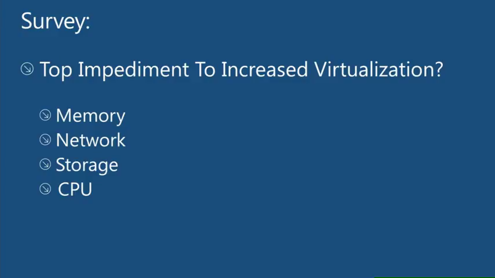Very simple question. We wanted to see what's blocking them, actually. Any idea what was least of their concern? Yeah. The surprising part was no one. None of the respondents said CPU was on their minds, which is a little bit surprising.